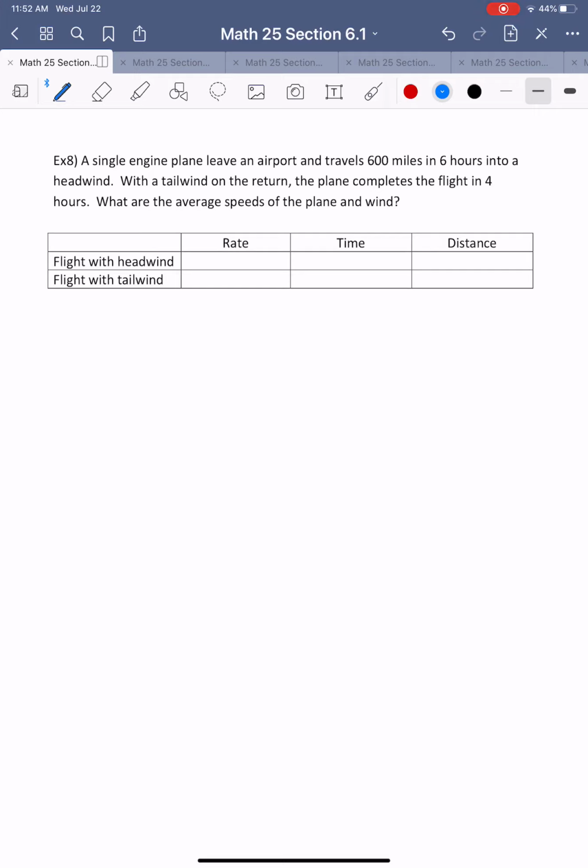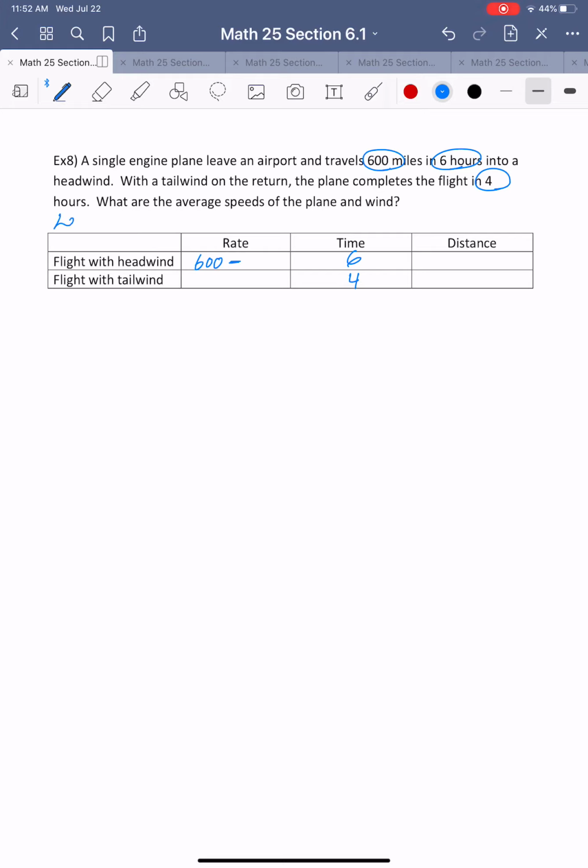And tailwind means the wind actually pushes the airplane faster. That's why it takes different hours, okay? So the flight with a headwind takes 6 hours, and the flight with a tailwind is 4 hours. And the airplane speed is 600, but the headwind subtracts the speed of the wind, okay?